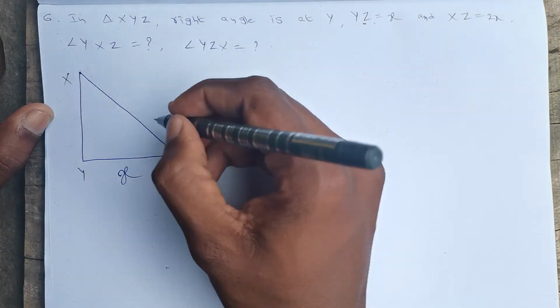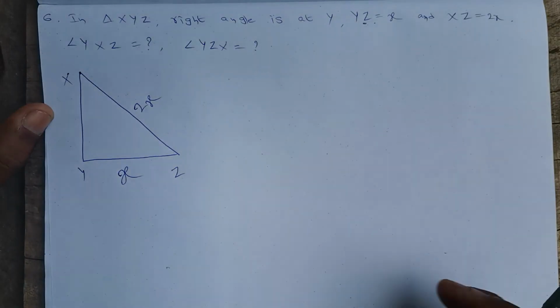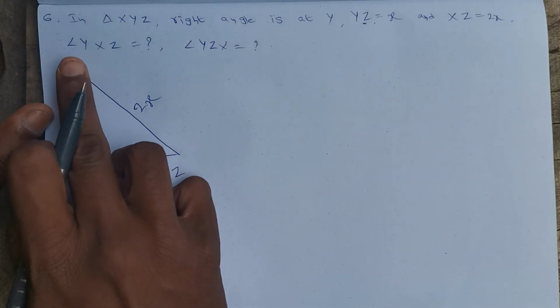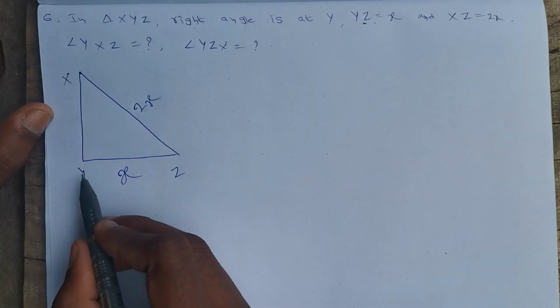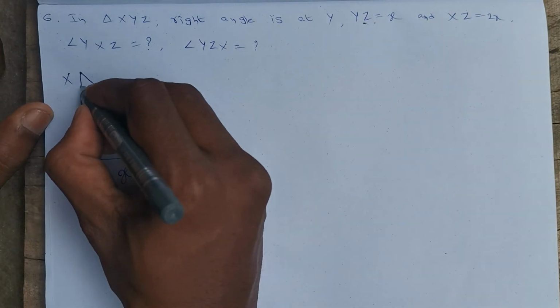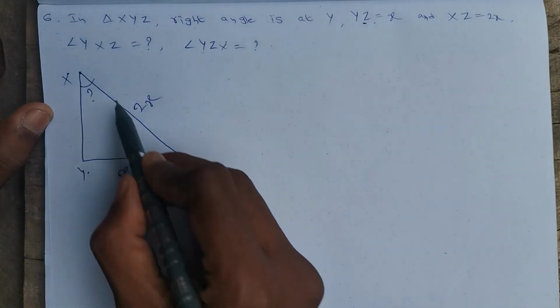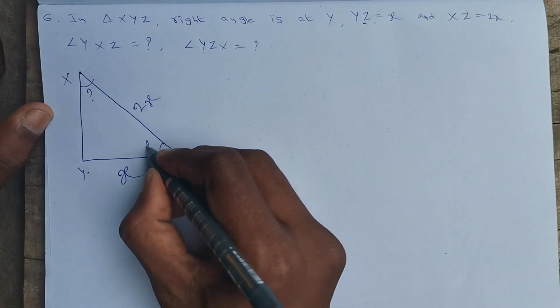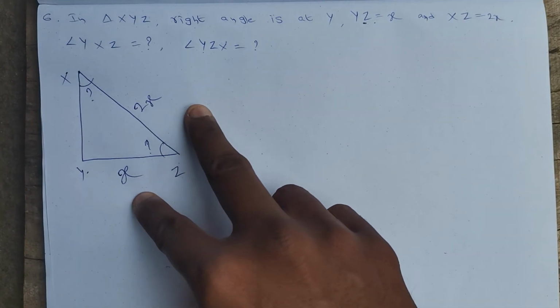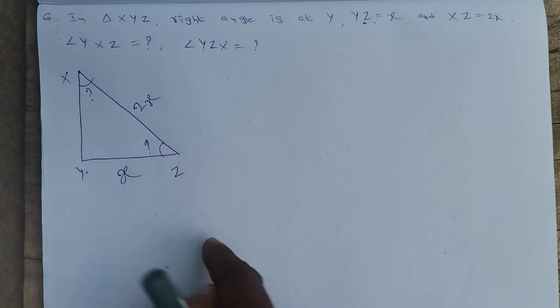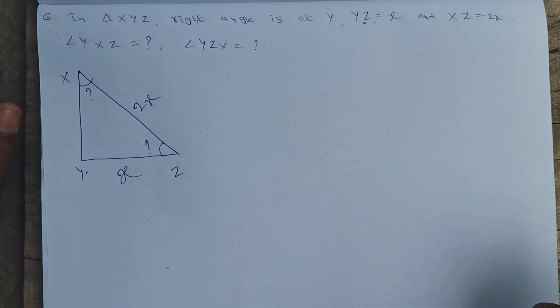XZ, this hypotenuse, is given as 2 times small x. And he is asking to find angle YXZ, this angle, as well as YZX, this angle. He gave two sides and he is asking about two angles. So let us find how to find those angles.